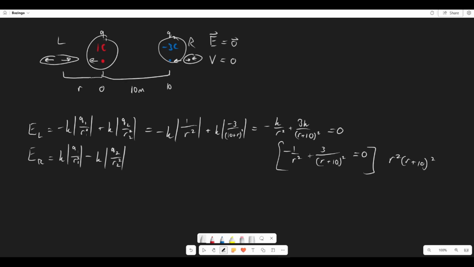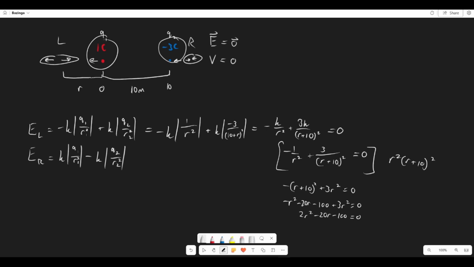What I will get is negative R plus 10 squared plus 3R squared equals 0. And I can expand this to negative R squared minus 20R minus 100 plus 3R squared equals 0. Or 2R squared minus 20R minus 100 equals 0.